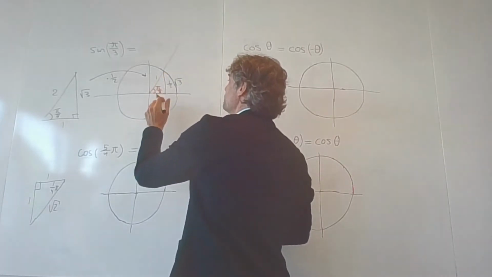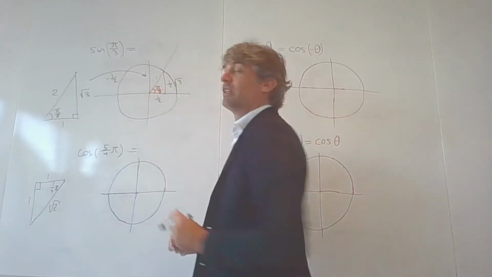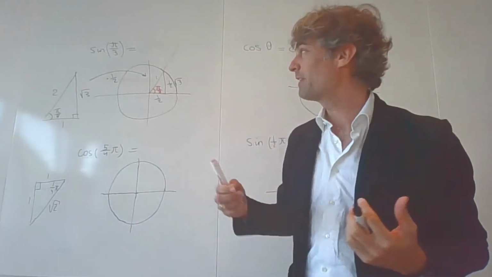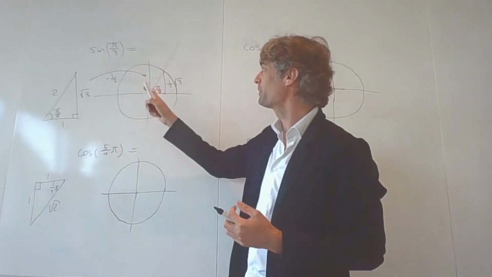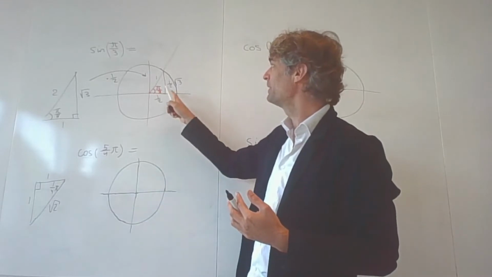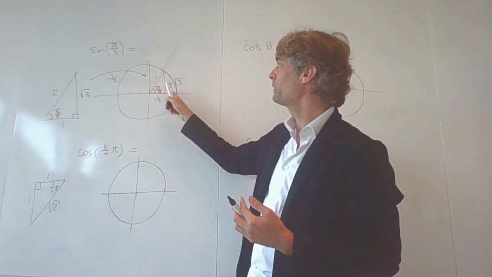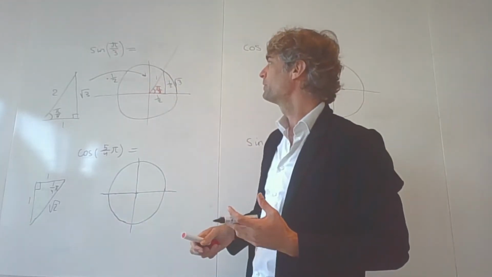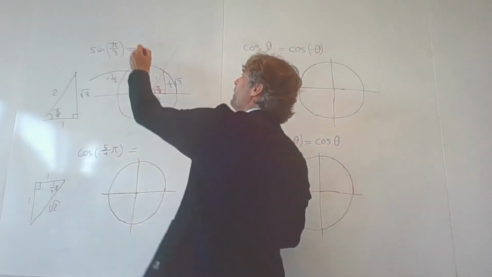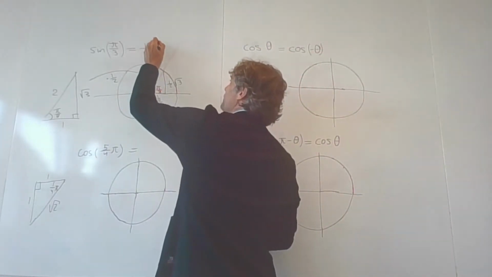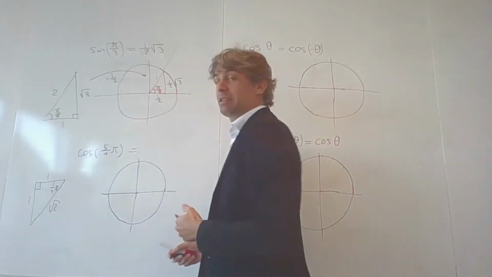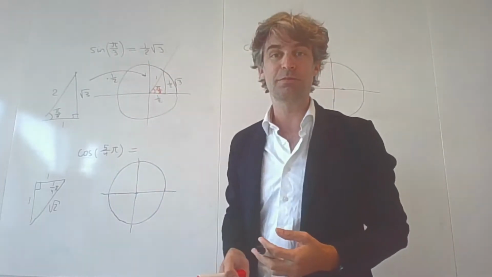And this side is not 1, but simply 1/2. But hey, all the work has already been done now, because the sine of pi over 3 is simply the y coordinate, which is here. We go up half square root of 3. So that's my answer, half square root of 3. And also the cosine is that, so the cosine of pi over 3 must be 1/2.